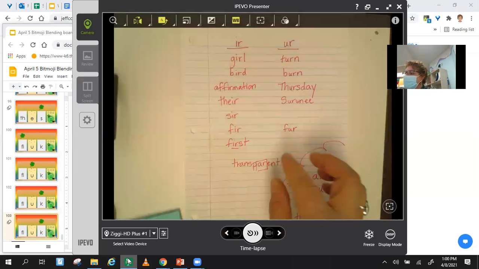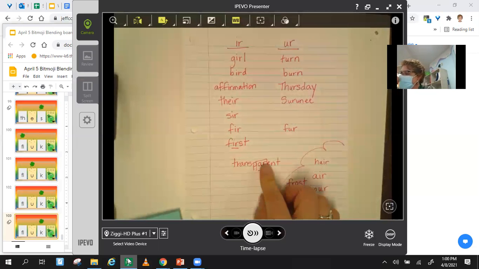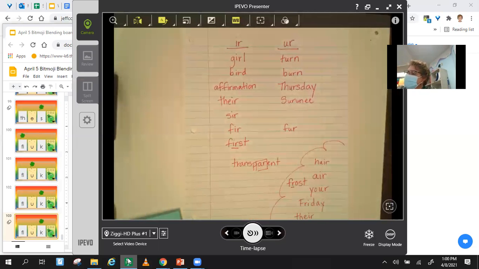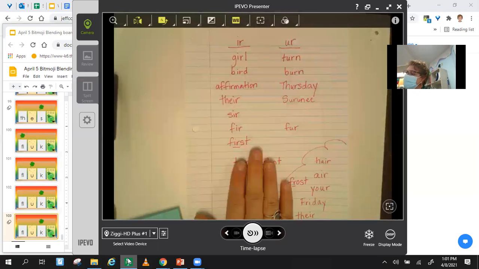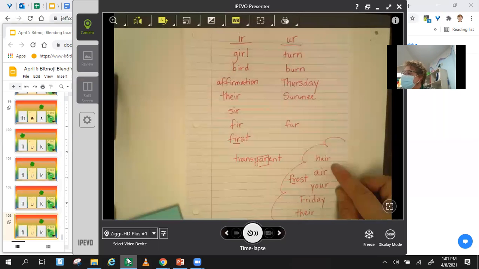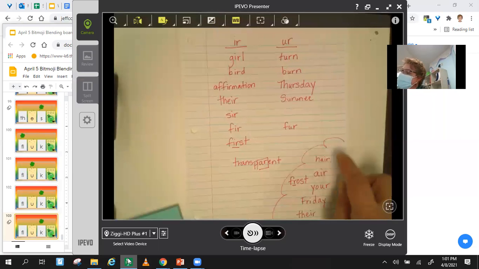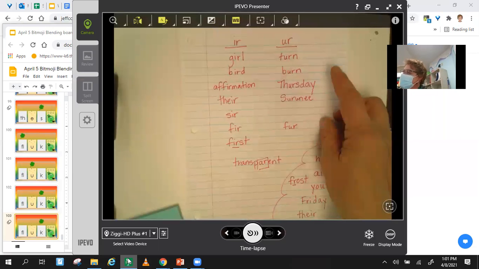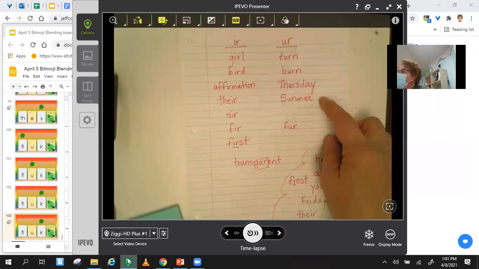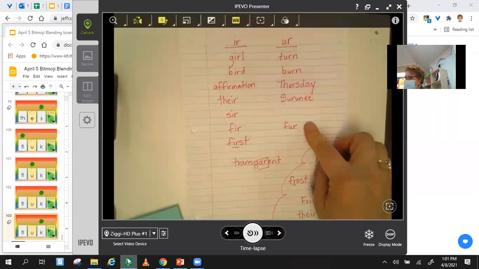And then we came up with one that was AR instead, which we do know there are some bossy Rs that have to do with those other letters. These ones do have an IR, but if you listen to them, you'll notice they don't make that sound. All of these need to make an ER sound. So turn, burn, Thursday, Suriname, and fur were some of the ones we came up with.